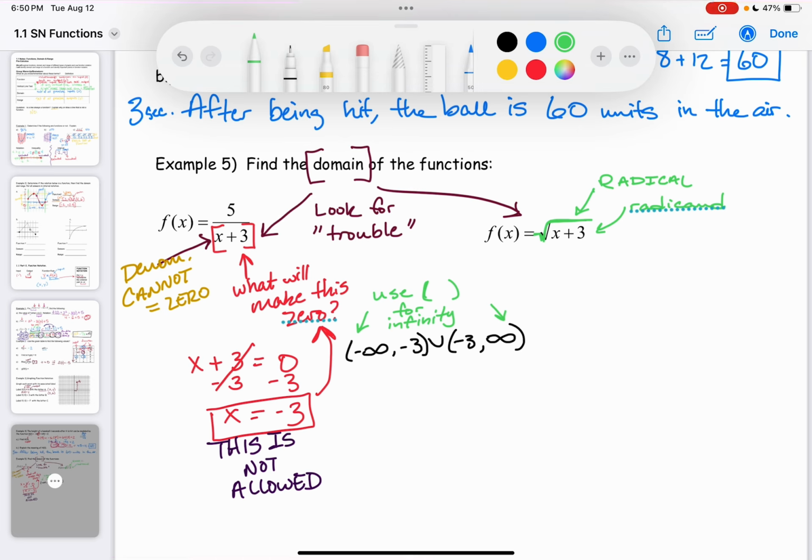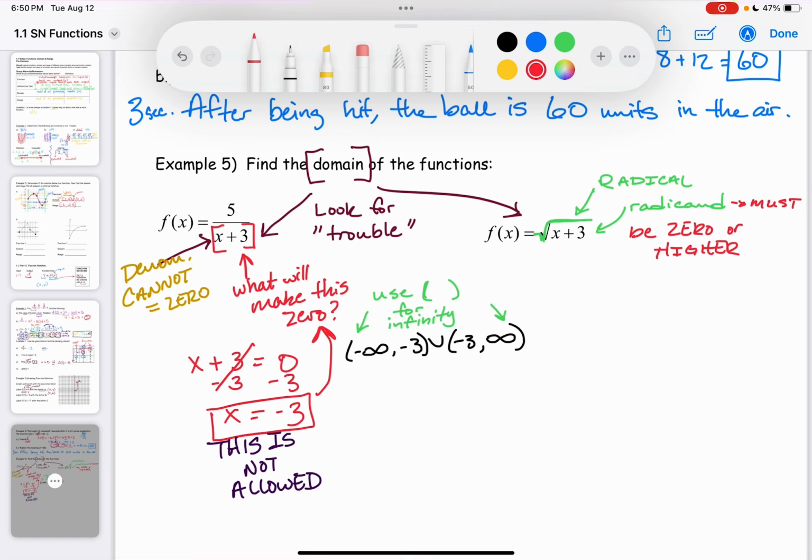The radicand must absolutely be 0 or higher. It can't be negative, because if you remember that really confusing concept from Algebra 2 called imaginary numbers, cannot be negative. It has to be 0, because square root of 0 is 0, or something higher, something positive.